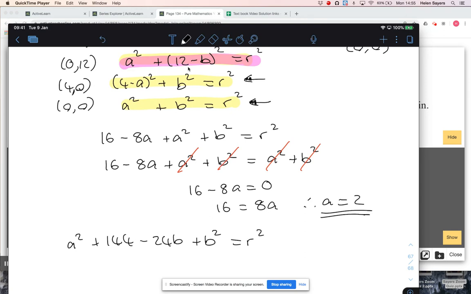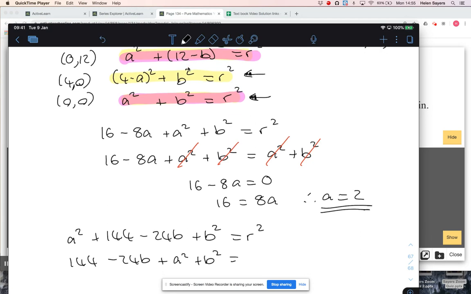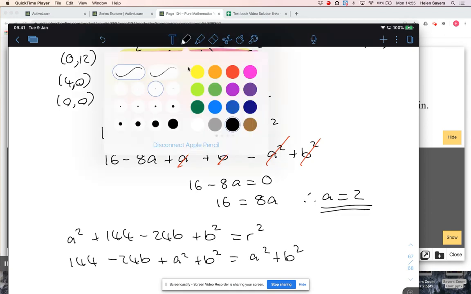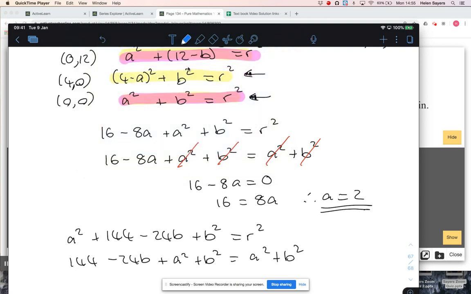Yeah, so I can do exactly the same thing in that they both equal r squared. I'll just move the a squared and b squared together. I really don't need to do that, but just so it looks the same as the one above. So that equals r squared, but I also know that a squared plus b squared equals r squared. So again, some really handy cancelling.